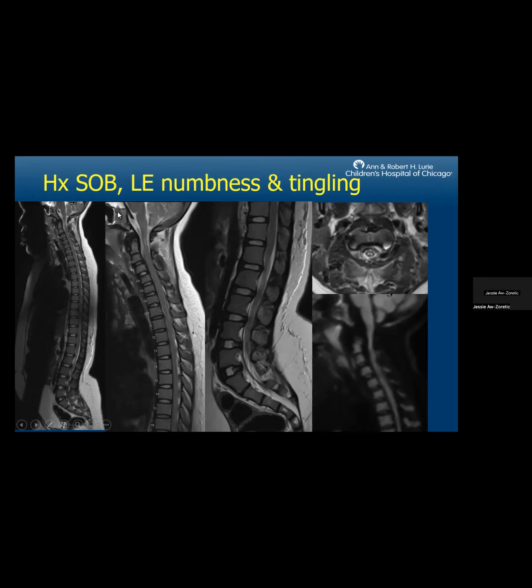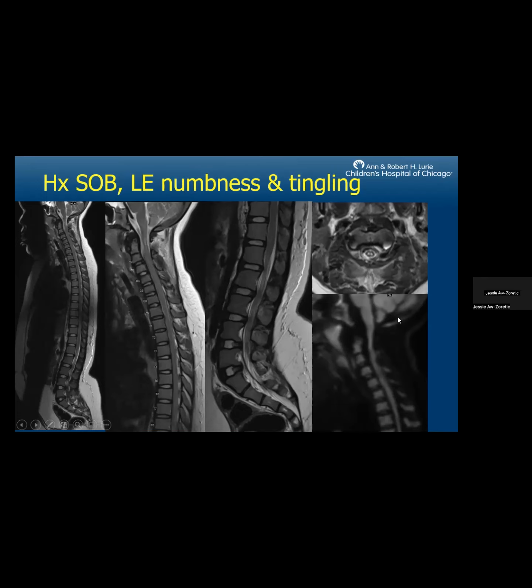This was a case of a teenage female who presents with shortness of breath, lower extremity numbness and tingling. And here, even though there's still space, there's something else going on. You have a very narrow caliber of the cervical cord with abnormal increased intramedullary signal.